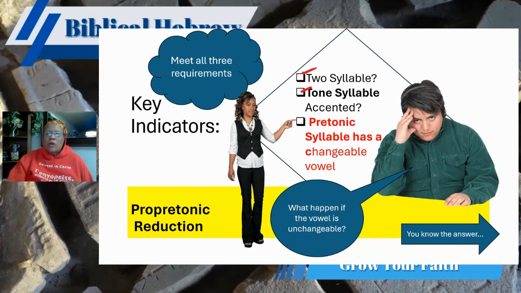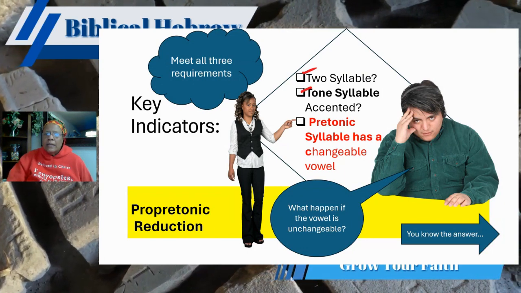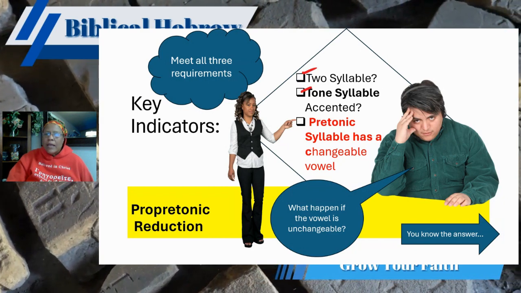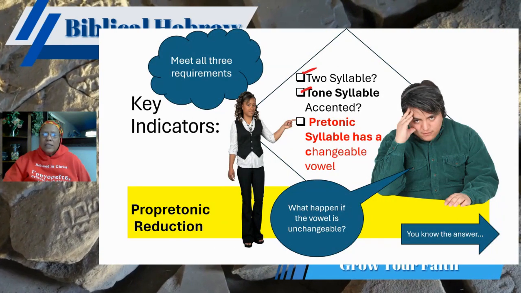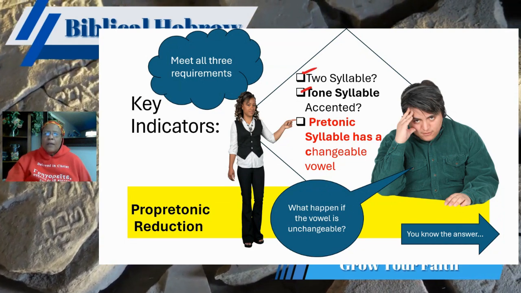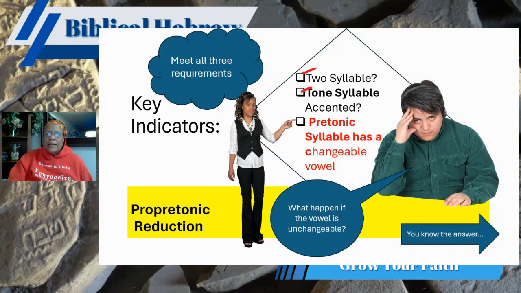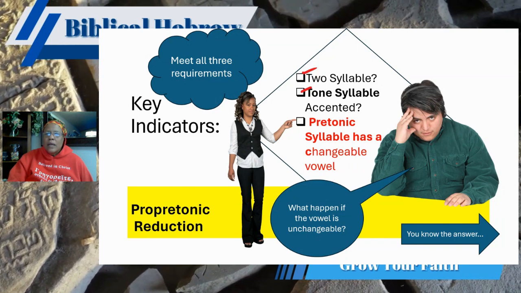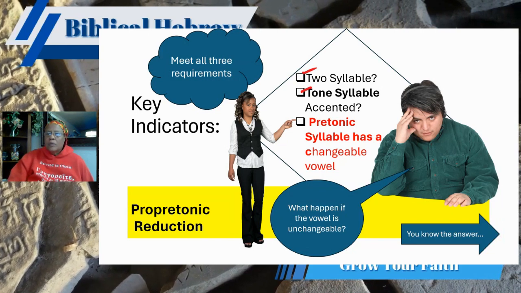Ready? So we're going to write it the same way. This is a begadkefat letter. It has a dagesh in it, and it does have an unchangeable long vowel. That's fine. Okay, then we're going to write down the tonic and a begadkefat letter, vet, complete down.